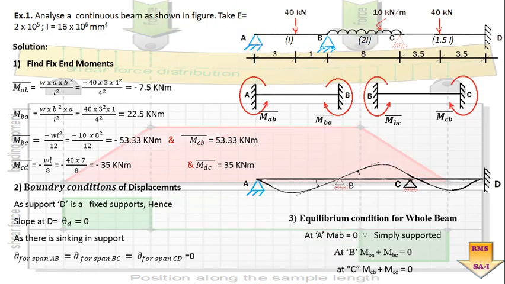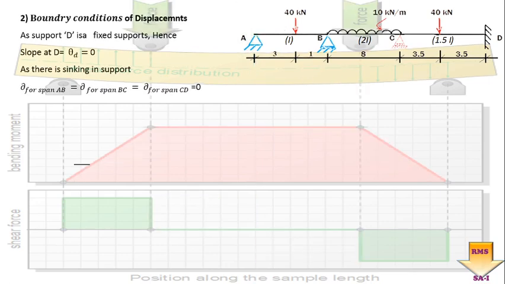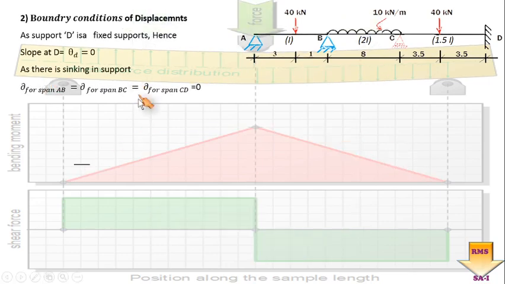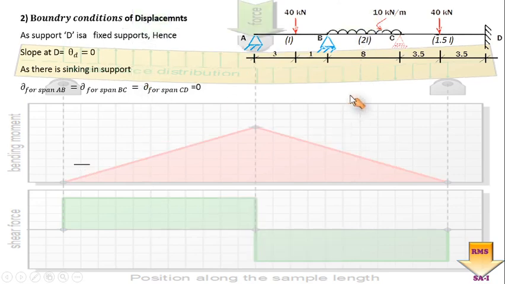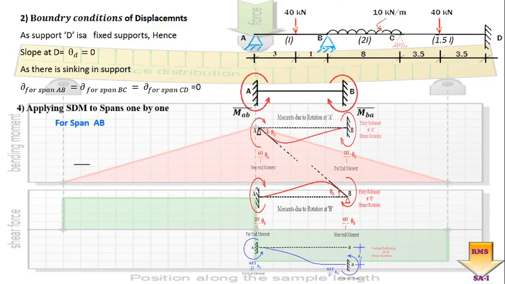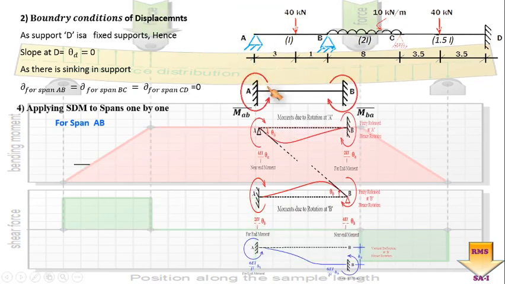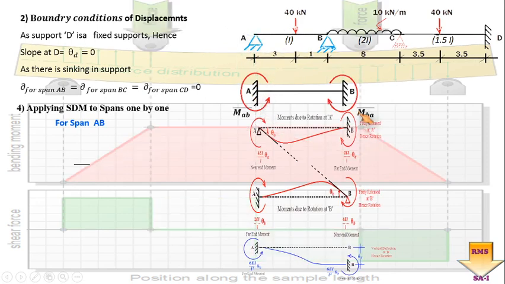So here let us move ahead and understand how the further analysis is to be carried out. So I have once again enumerated all the boundary conditions for this particular continuous beam. Now it's the time to apply the governing equation for the various spans for this continuous beam. So the very first span is span AB.